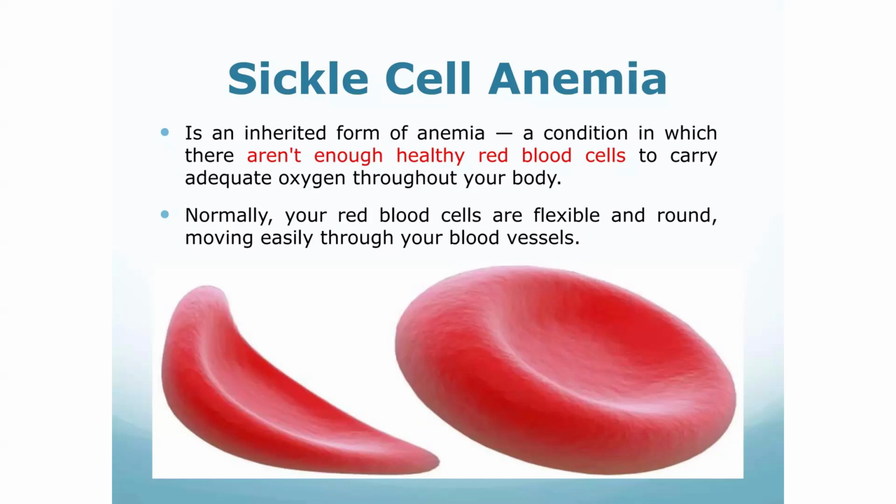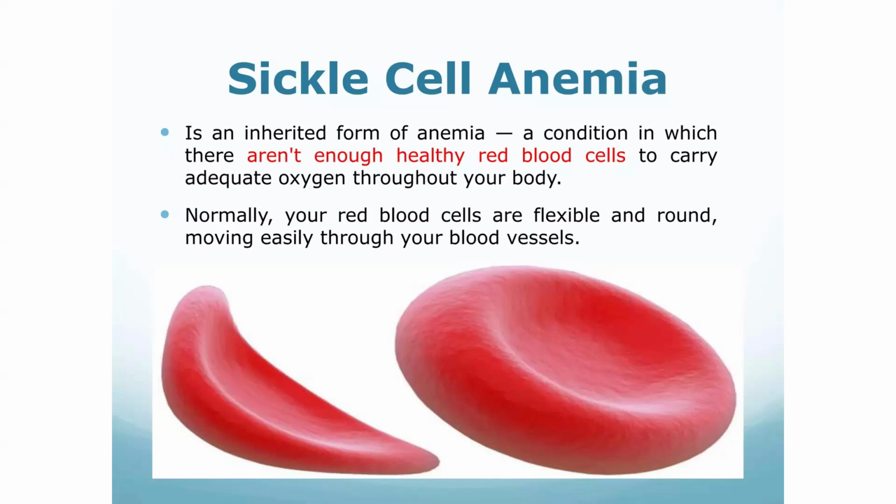Generally, in sickle cell anemia, the red blood cells are not healthy enough to carry adequate oxygen throughout your body. A normal red blood cell is responsible for carrying four oxygen molecules, but a sickle cell red blood cell carries only one oxygen.